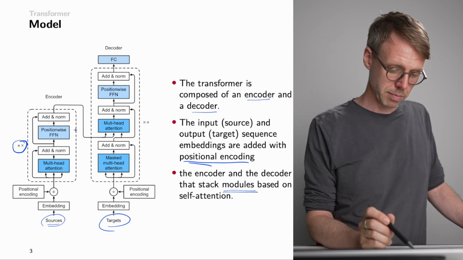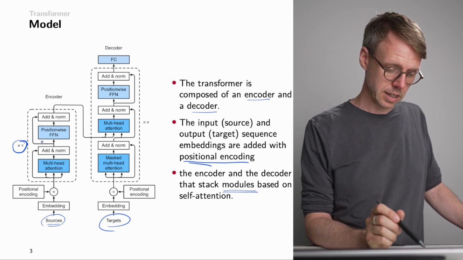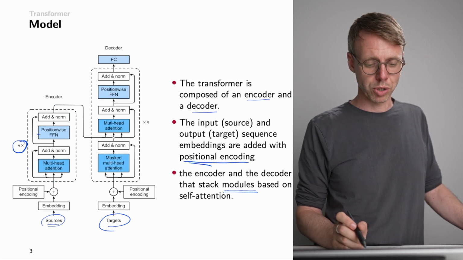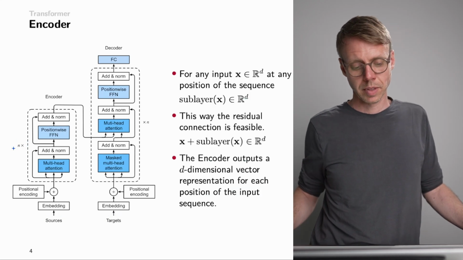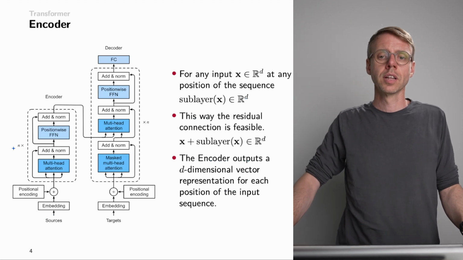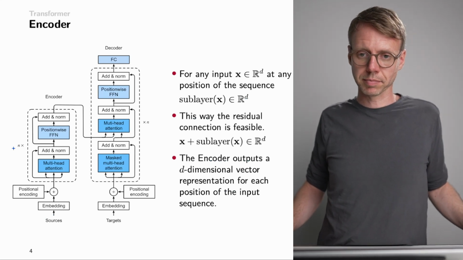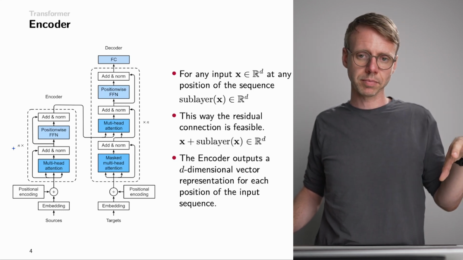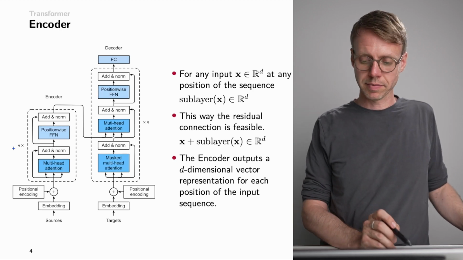We basically have groups of these layers that are stacked in modules that are then repeated multiple times. Let's first look at the encoder, which is a stack of multiple identical layers. Each of those blocks consists of 2 sublayers.